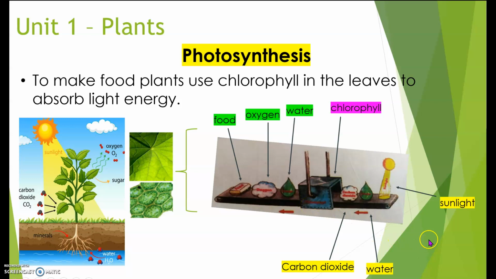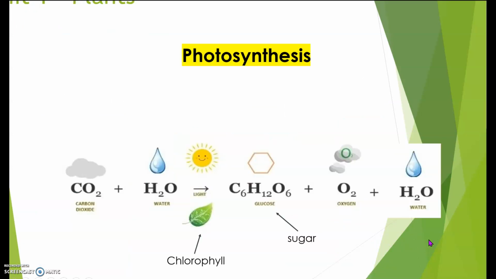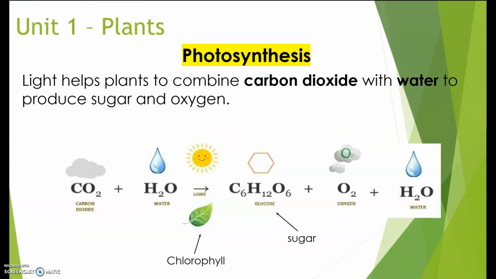Okay, so let's see the next slide. Okay, repeat after me. Light helps plants to combine carbon dioxide with water to produce sugar and oxygen.